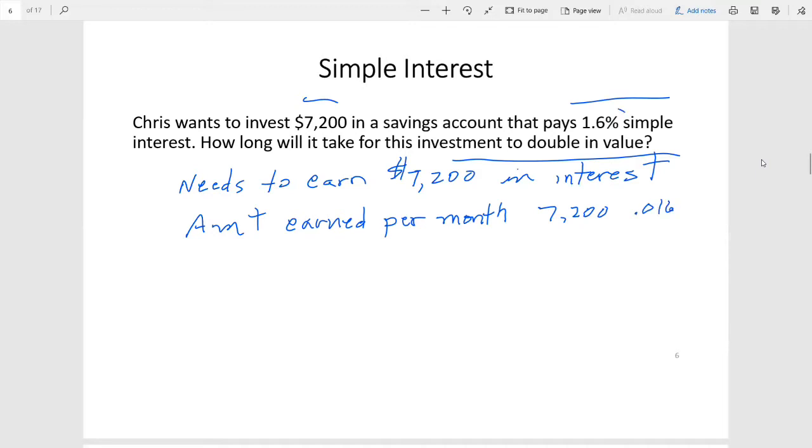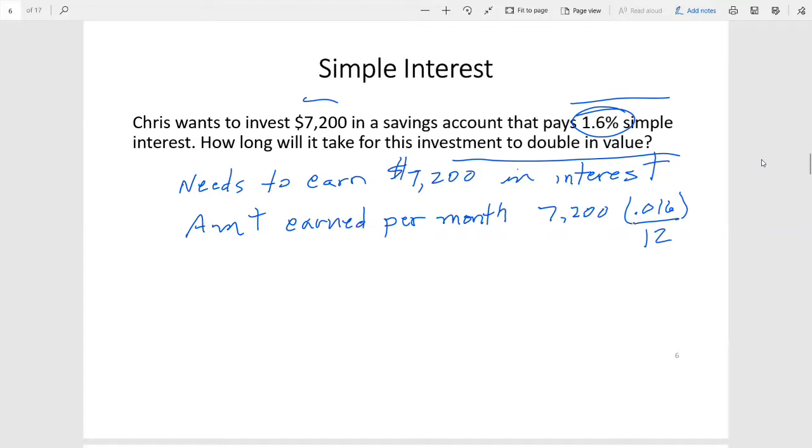Always be sure to convert the percent to a decimal. And if you need the monthly rate, you'll have to divide by 12 if 0.016 is the yearly rate.